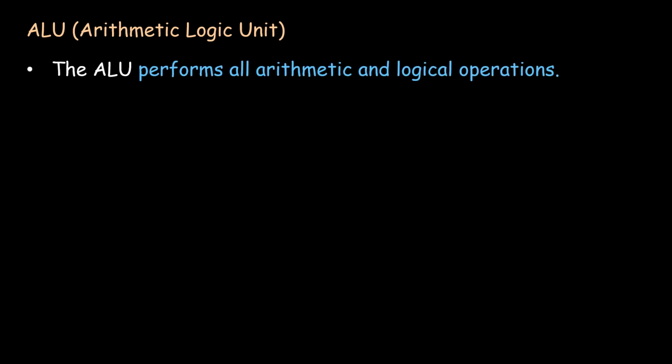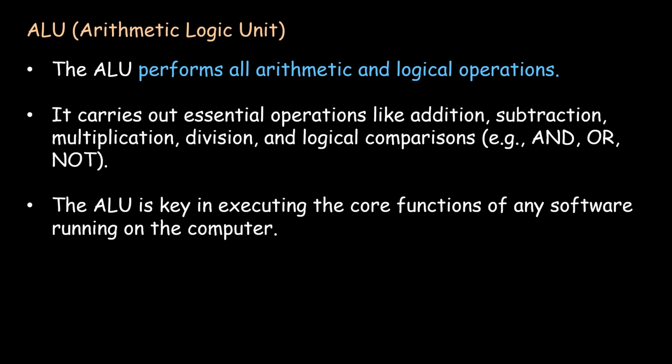ALU, or the Arithmetic Logic Unit. The ALU is where all the calculations and logical operations happen inside the computer. Think of it as the calculator of the computer. It performs basic math operations like addition, subtraction, multiplication, and division. For example, when you add numbers or calculate something in a game, the ALU is handling those calculations.